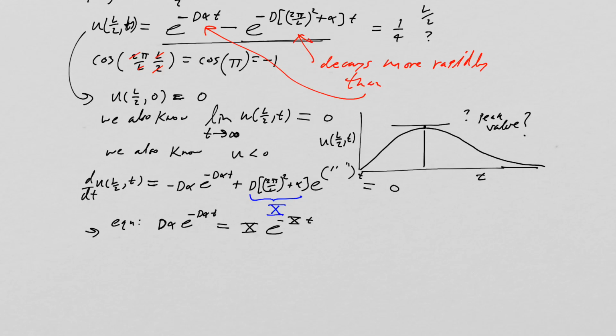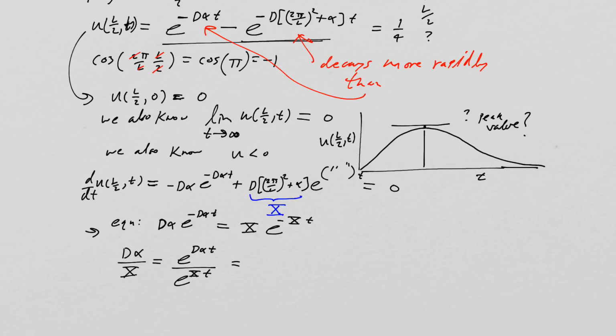Well, we should be able to handle this a little bit better and write this as d alpha over X is equal to e to the d alpha times t all over e to the X times t. All right, and that's just using exponent laws.